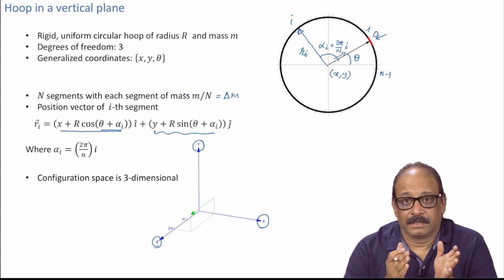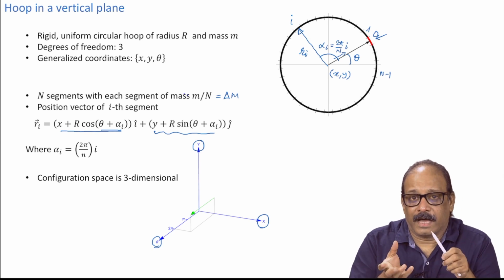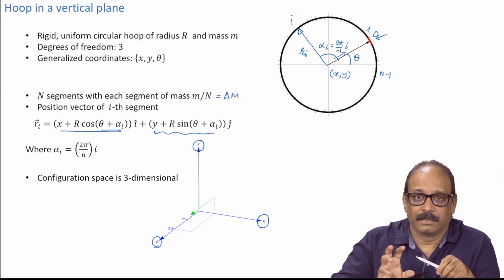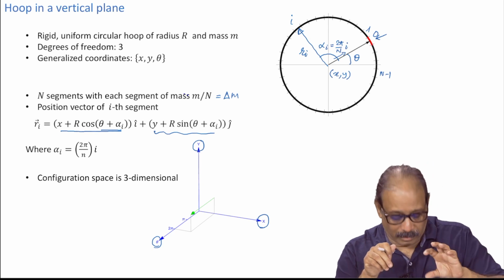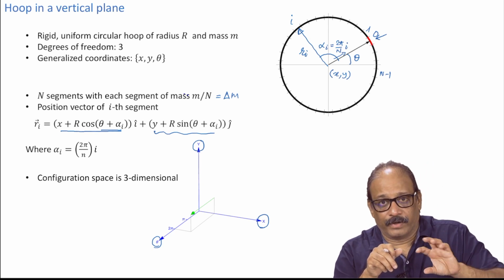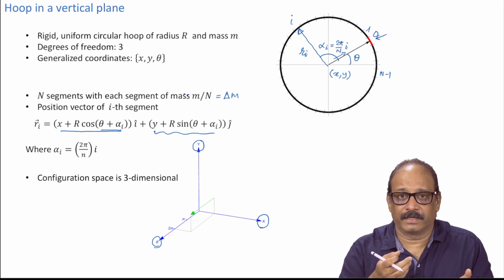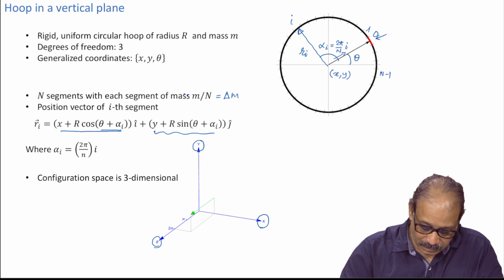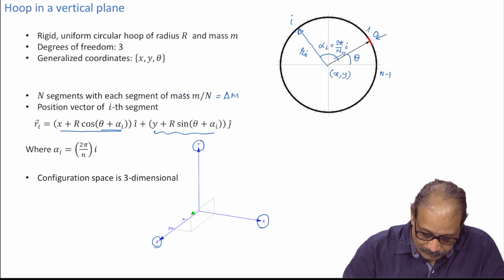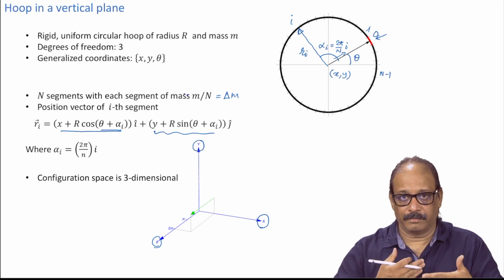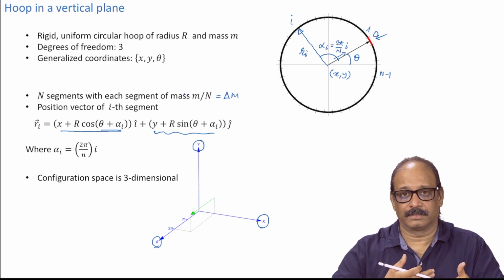These two planes are the same. That means theta actually indicates the rotation of the hoop. So, when the hoop goes through a rotation of 2 pi, you have the same configuration of the system, which means this plane here, theta equal to 2 pi, is somehow joined to the theta equal to 0 plane.